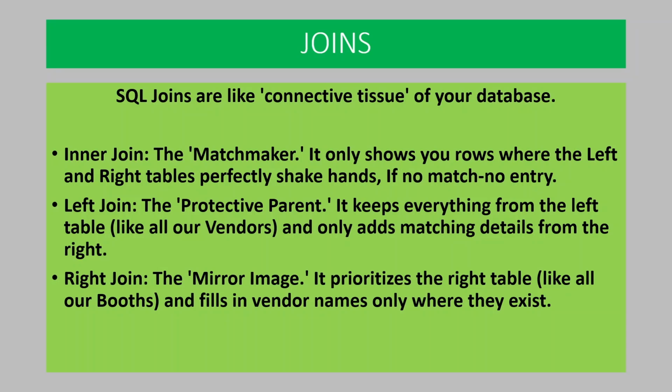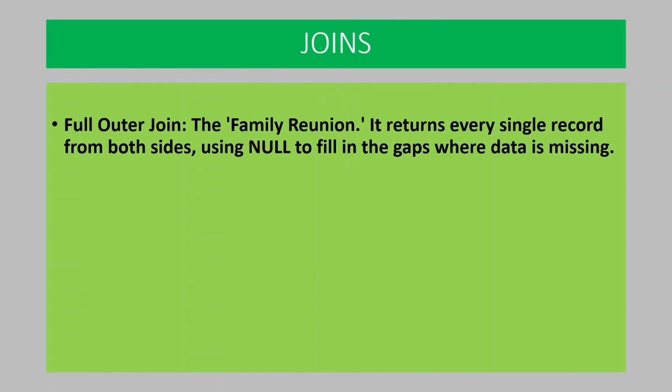It prioritizes the right table and fills in vendor name only where they exist, and same as left join, if there are no matching values, you'll get null values. Then full outer join is kind of like a family reunion. It returns every single record from both sides, using null to fill in gaps where data is missing.